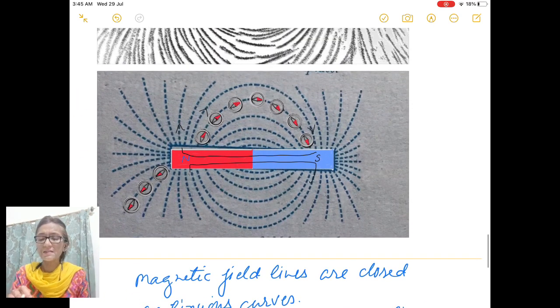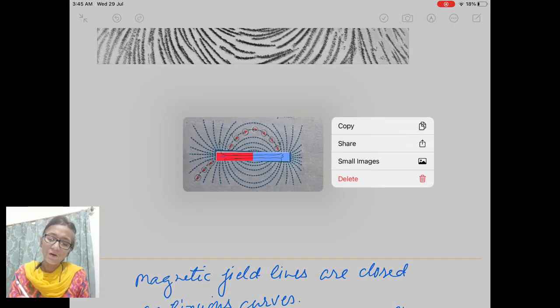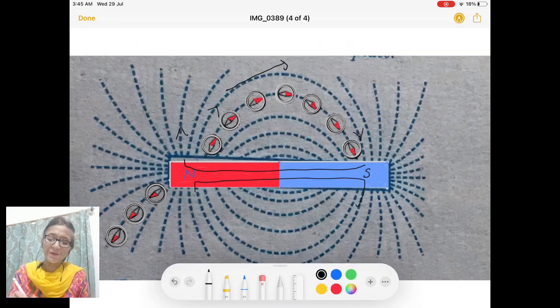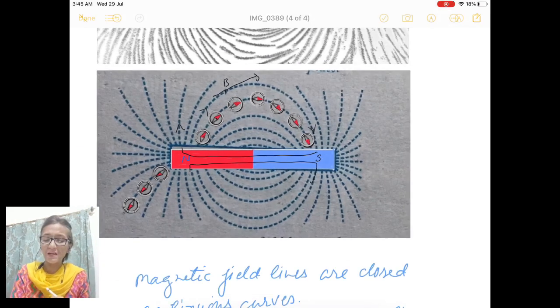And the tangent direction on these magnetic field lines, away from the North Pole, gives you the direction of the magnetic field at that very point.